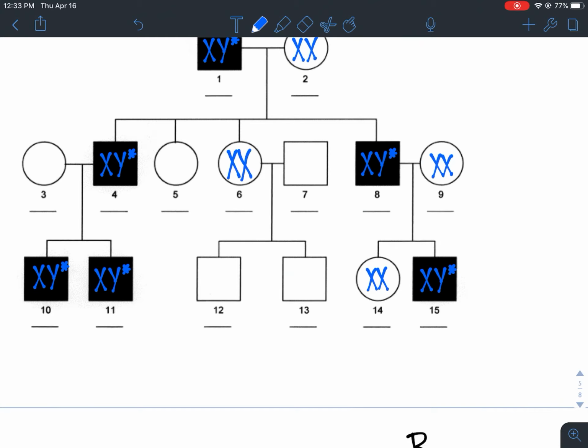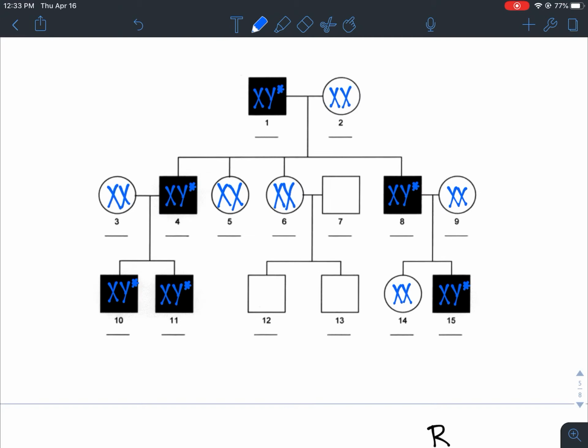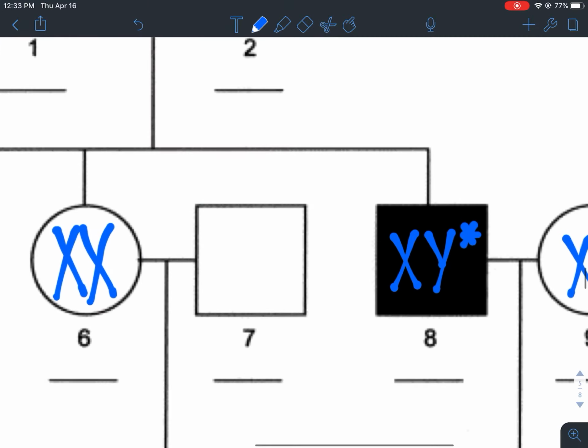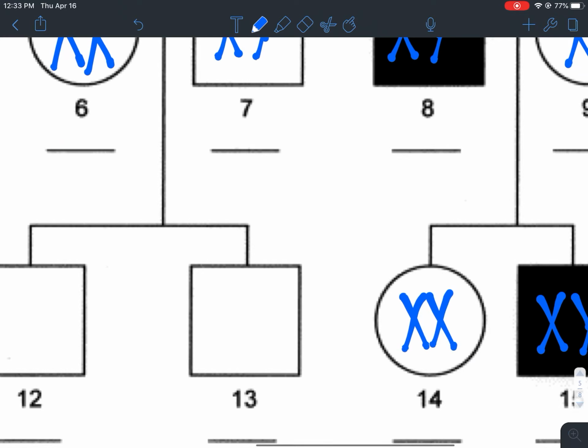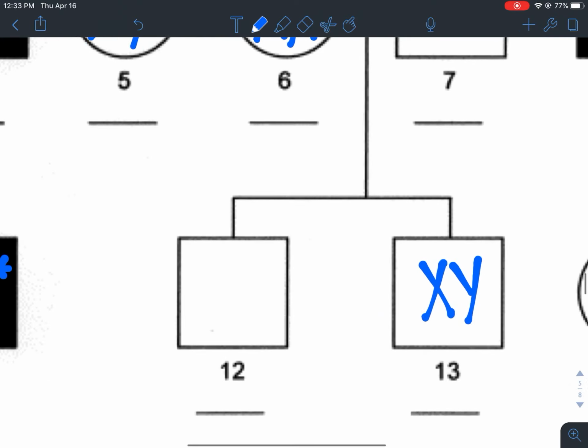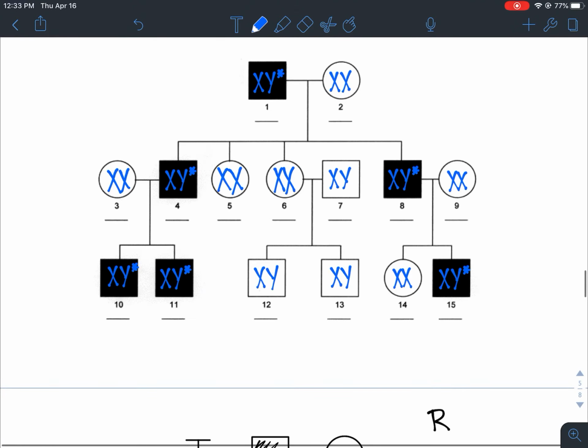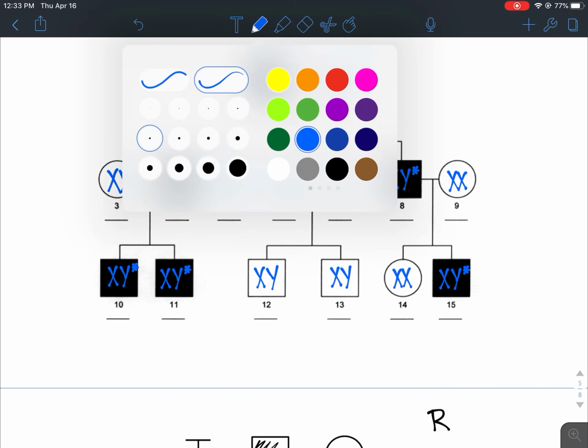I'm going to do this quickly. Okay, and then the guys that do not have this are going to just be X with the normal Y. They're not carrying a copy of the allele for hairy ears, and so they can't pass on hairy ears to their offspring.